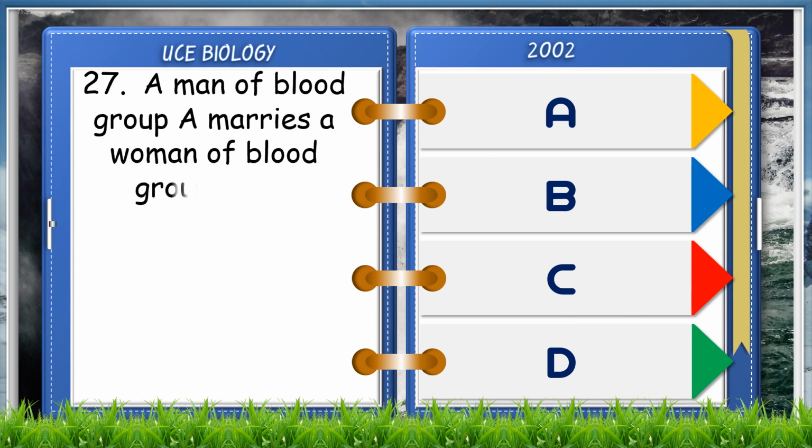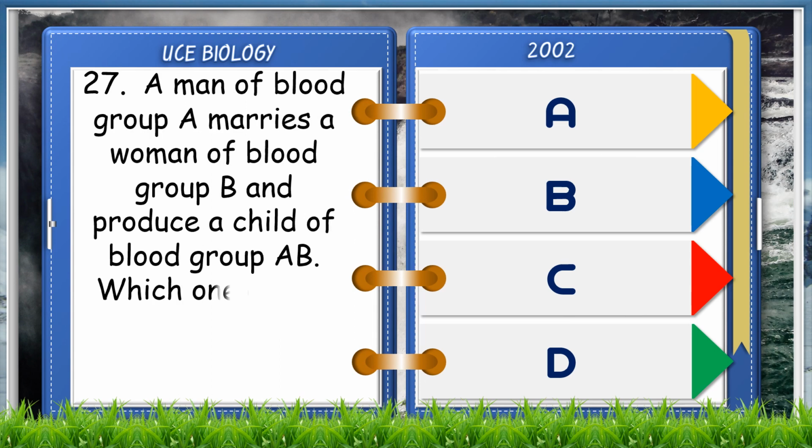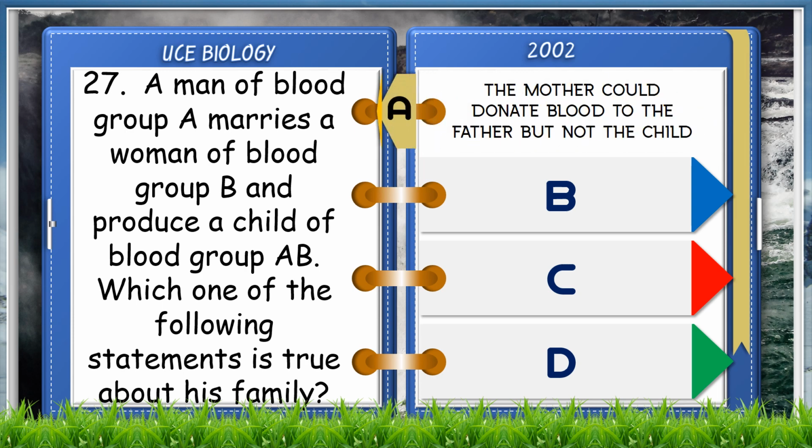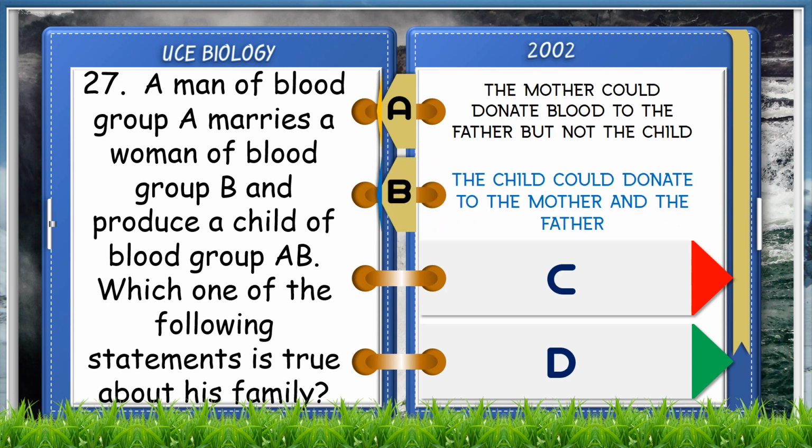A man of blood group A marries a woman of blood group B and produces a child of blood group AB. Which one of the following statements is true about his family? A. The mother could donate blood to the father but not the child. B. The child could donate blood to the mother and the father.